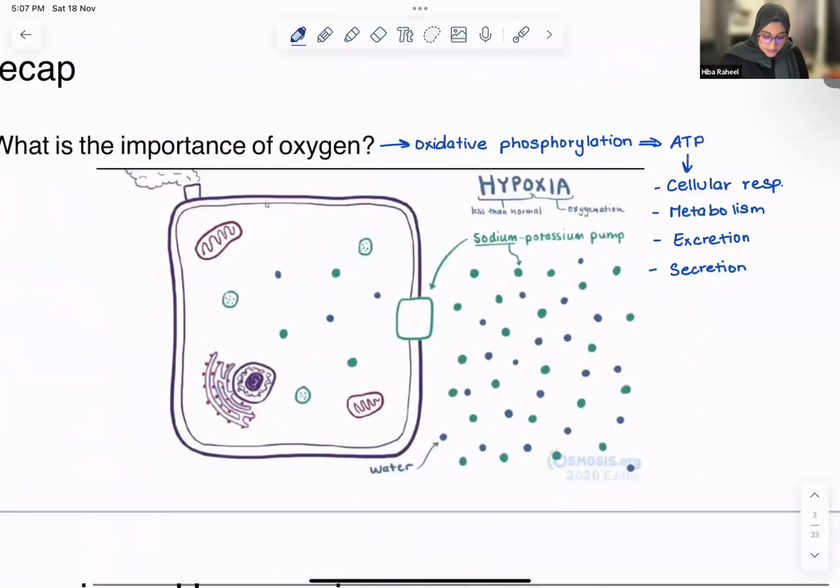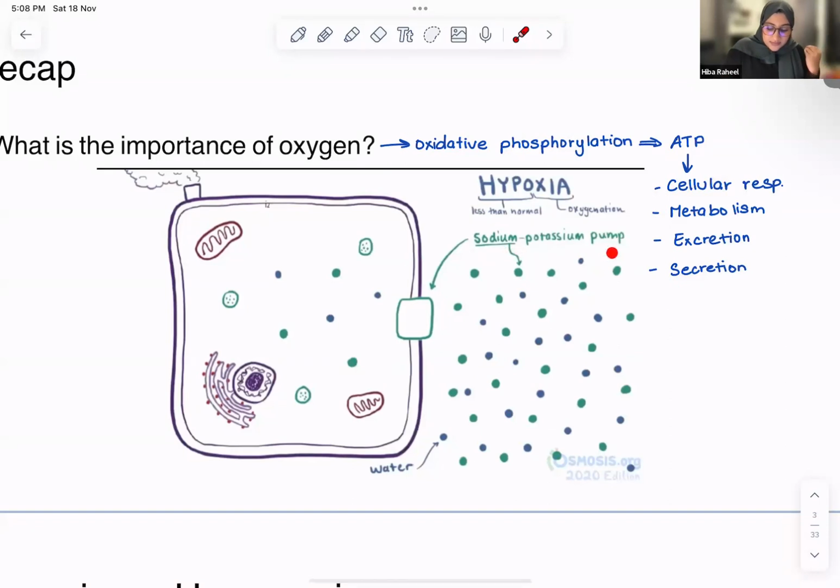Another very important protein or channel that depends highly on ATP is the sodium potassium pump. The sodium potassium pump has the responsibility of maintaining the sodium potassium balance.